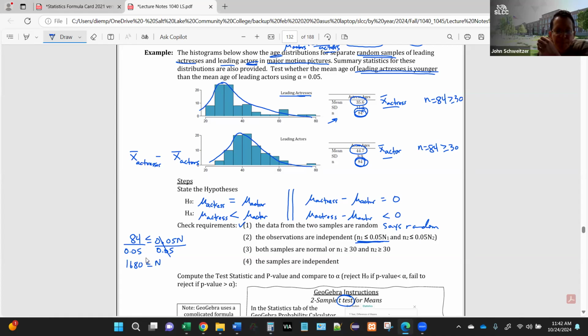As long as there have been 1,680 leading actresses for major motion picture films, then this sample will be small and the people in there should be independent of each other. I have a bit of a question mark around that. I don't know if there's been 1,600 major motion picture films in the last 70, 80 years.